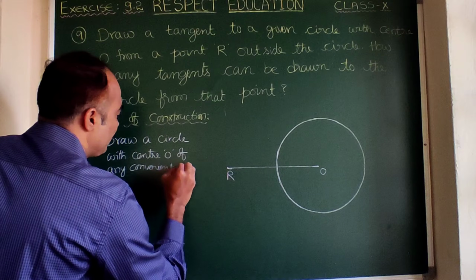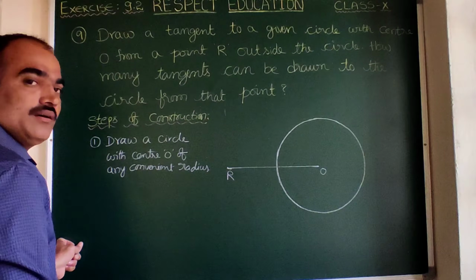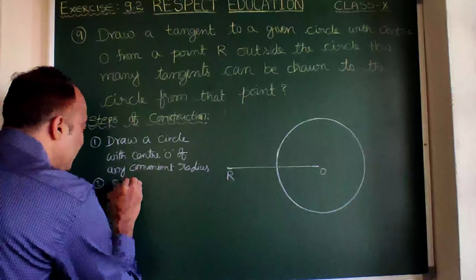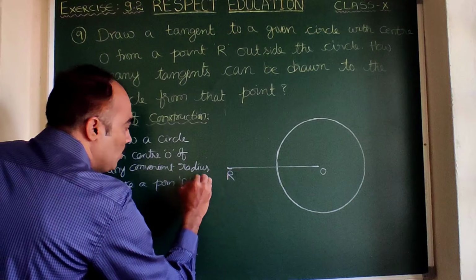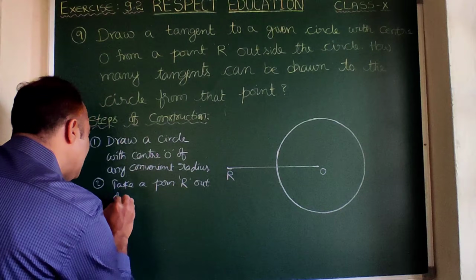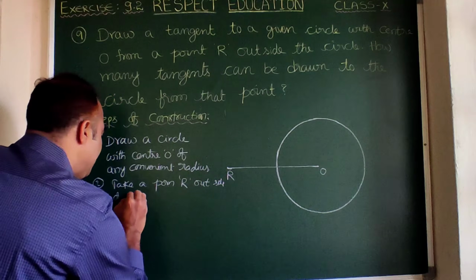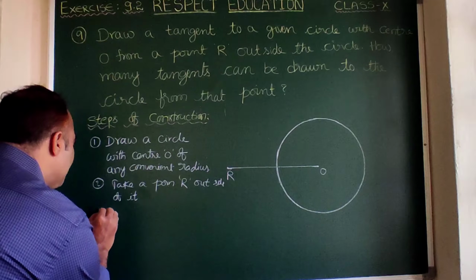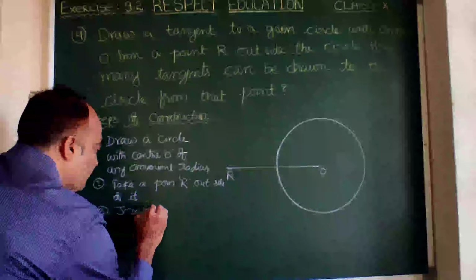Now take a point R outside of it, outside of the circle. Next, join OR.